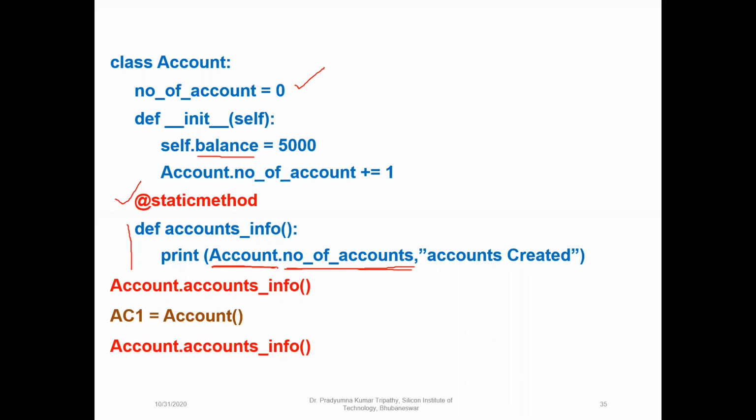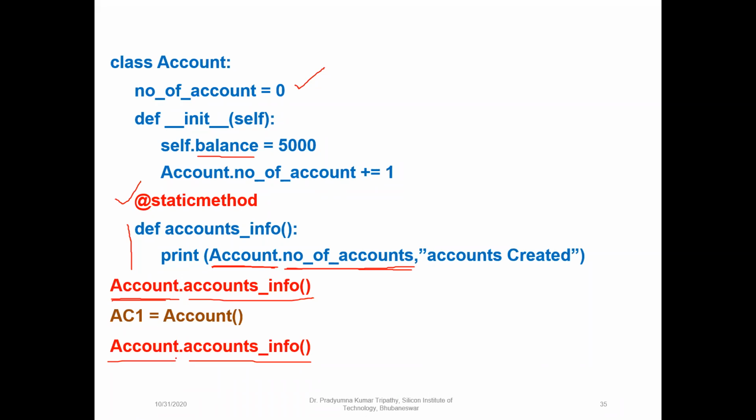So I may call Account.accounts_info. This is a static, but I can call it by using what? Class name. This is the class name, and I call it over here. Correct? So whenever I am calling this accounts info, I am calling through the class name.